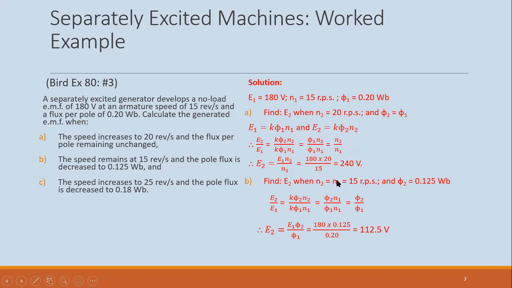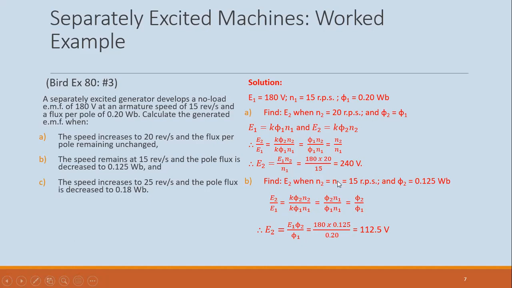All right, what happens when the speed remains constant, but the flux has decreased? N2 will be equal to N1, which is 15 revs per second, but phi 2 has gone down to 0.125. Just manipulating these equations, we end up with phi 2 times N1 over phi 1 times N1.